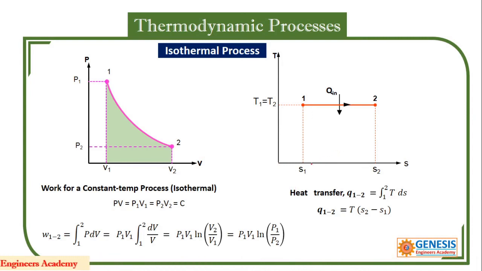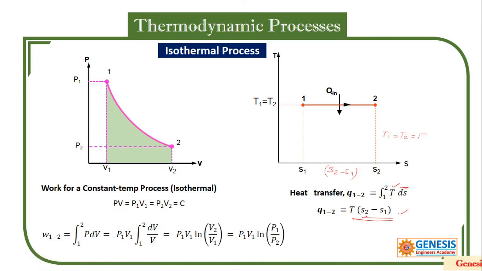Okay, now I'll move on to this TS diagram, that is the temperature entropy diagram, and this is S2 minus S1, that is the length of this rectangle, and this is T1 equal to T2 equal to T. So I can straight away use this in this isothermal process, because if I carry out this integration, this T is constant.